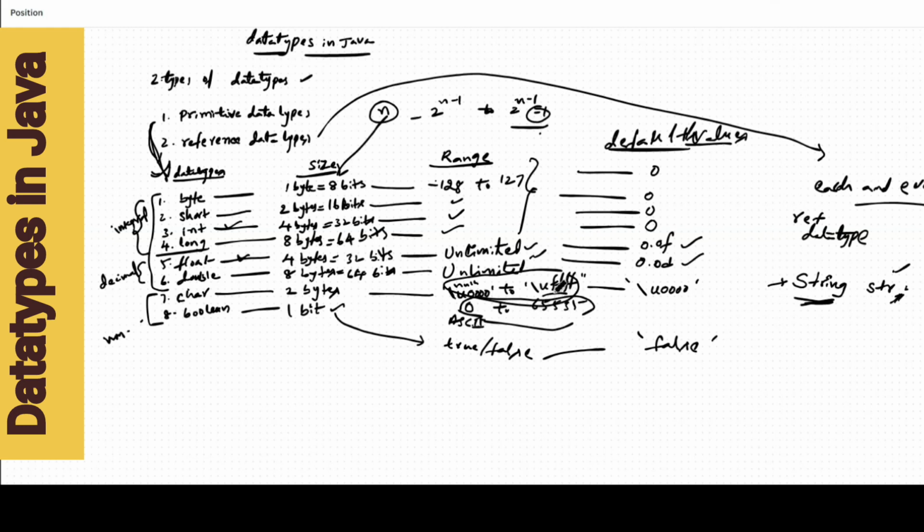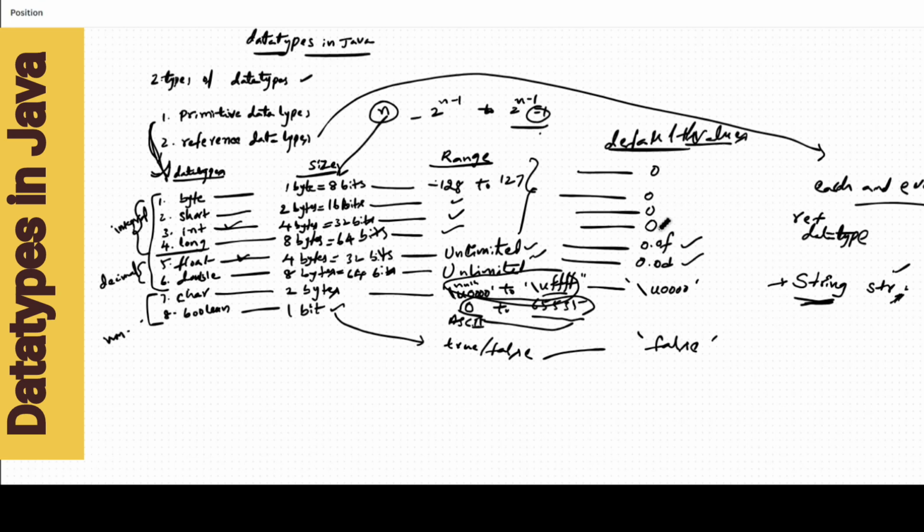The characters are referred to using Unicode. If you want to refer in ASCII, it is 0 to 65,535. Whatever the character is for 0, that is null, and whatever the character is for 65,535, till that character you can store into a char type. And boolean type has only two possible values, true and false.